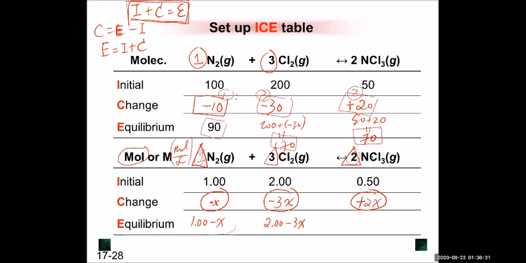Finally, with the nitrogen trichloride, even though it is the product, it follows the same way. The initial is 0.50, the change is plus 2x, and that will be the mathematical expression for each reactant and product. So this is about the ice table. The key is to use the balanced equation, the coefficient, and the change.